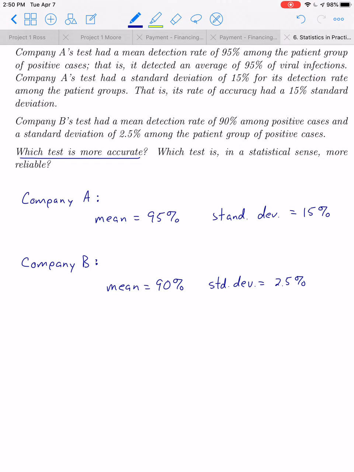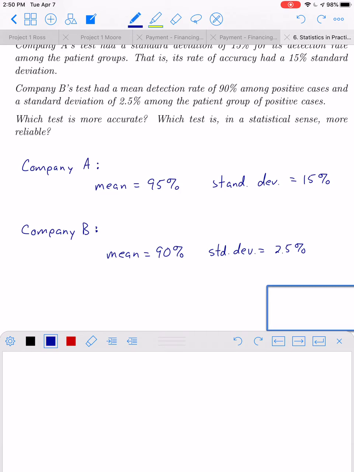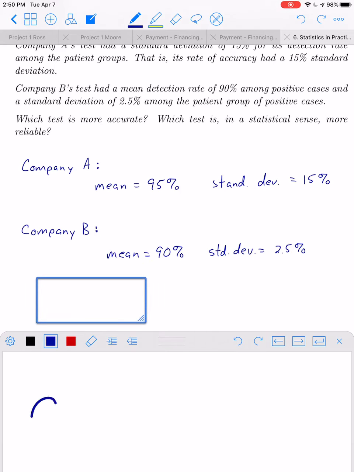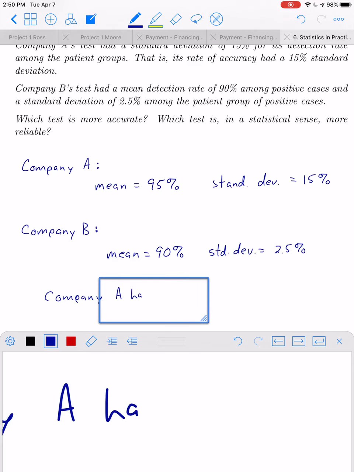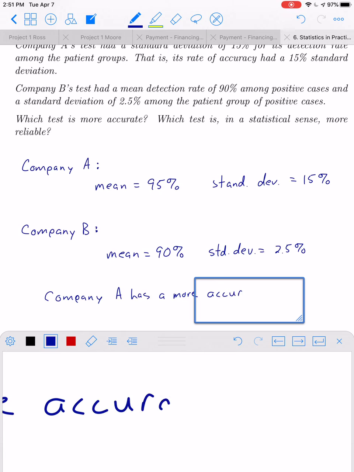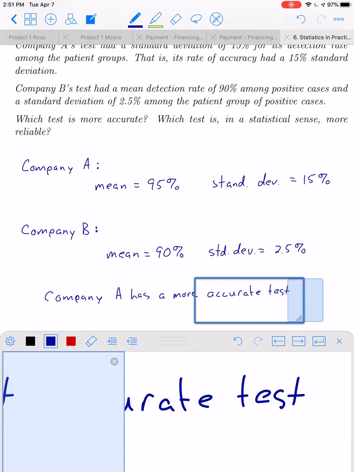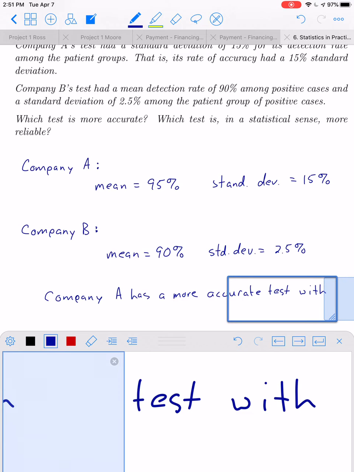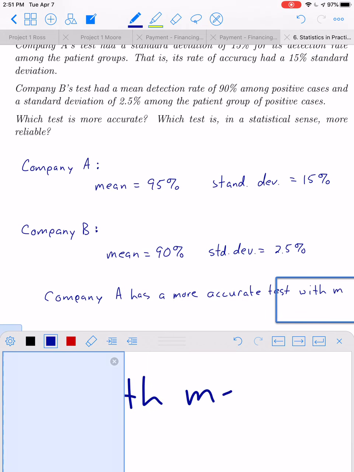So the mean accuracy of test A, on average, test A was 95% correct, and on average, test B was 90% correct. So it's pretty clear that company A has the more accurate test, just because of the mean. All right, so company A has a more accurate test with mean detection rate or mean accuracy rate.